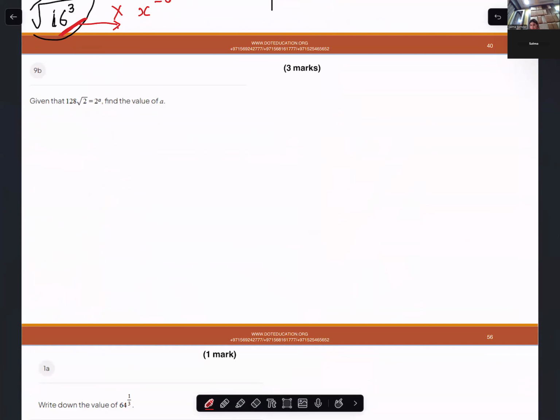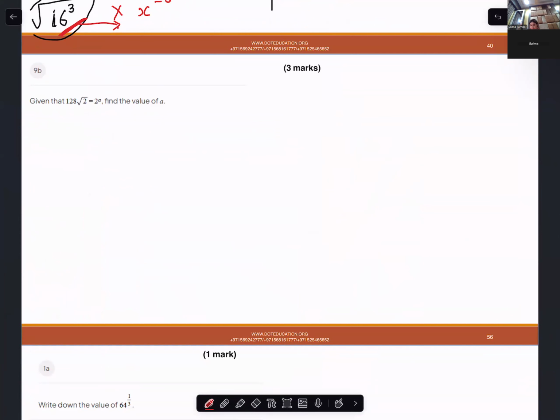Let's try 128 into root 2. Let's see what is 128. 2 to what power is 128? So in your calculator, you can try finding 2 to the power x is equal to 128.